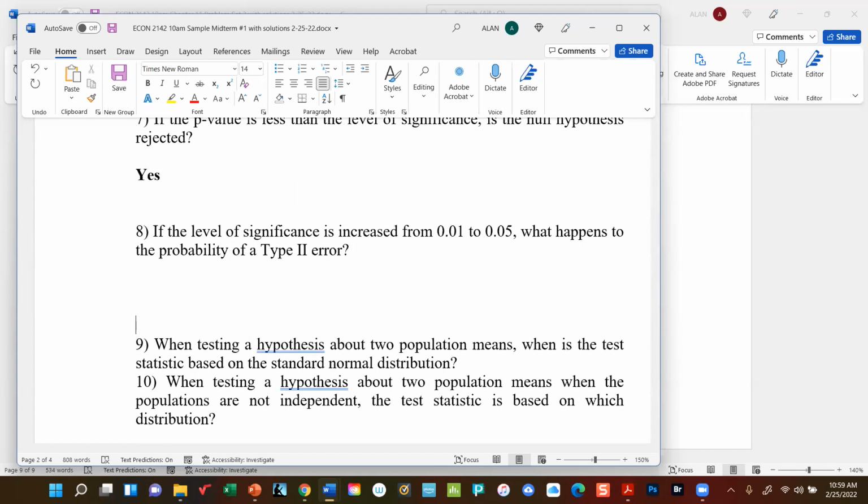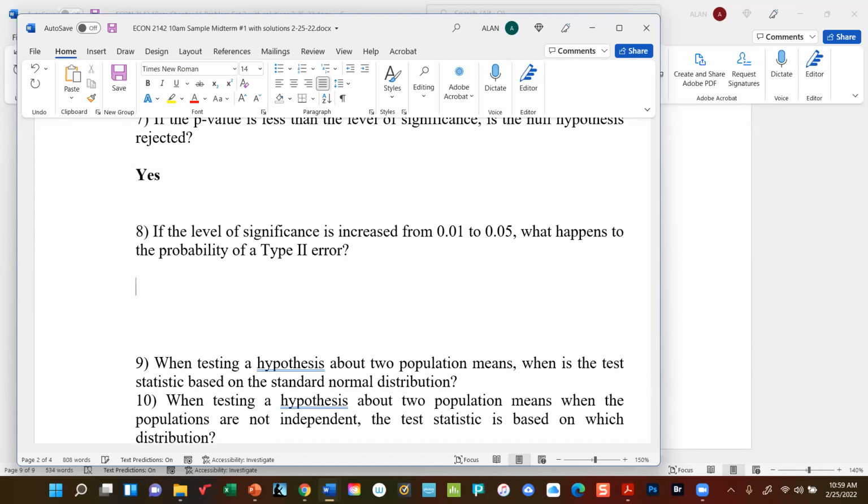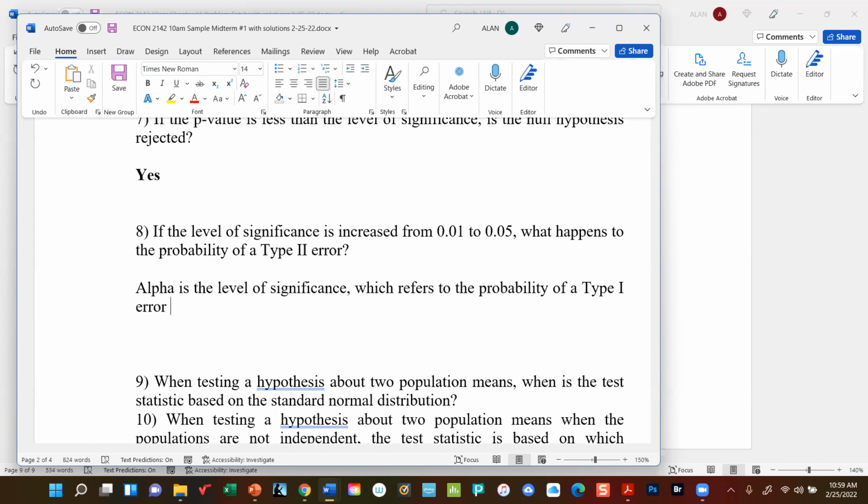Now remember the level of significance is alpha. All right, so alpha is the level of significance, which refers to the probability of a type 1 error. Now, you don't have to write all this explanation.